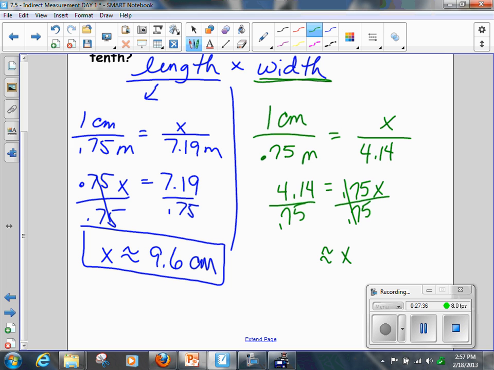What is 4.14 divided by 0.75? 5.52, which would round to approximately 5.5 centimeters, wouldn't it? Okay. So we have found the dimensions, the length and the width of this tablet, correct?